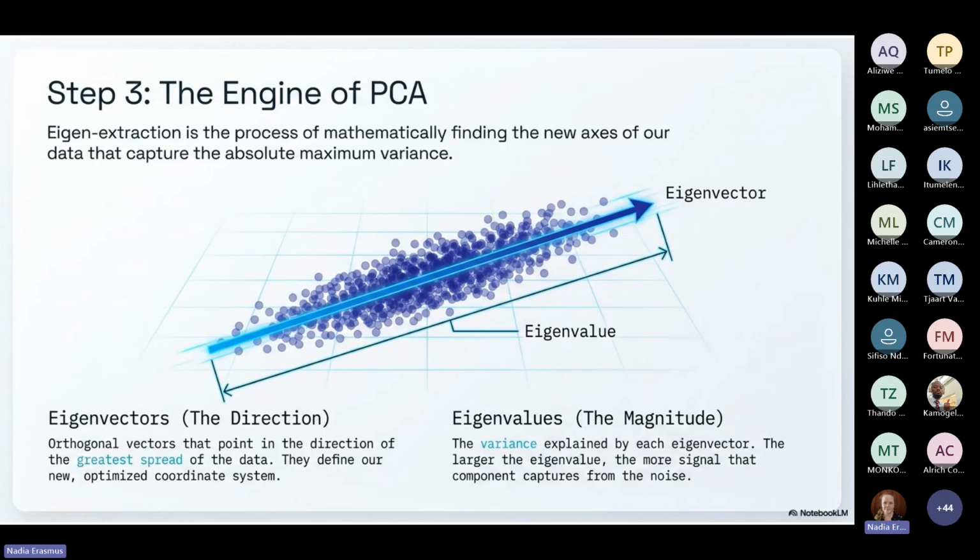because your eigenvectors give you the direction and the eigenvalues give you the magnitude, so what impact it has. So the direction is whether it's going to be a positive impact or negative impact, and the eigenvalue is going to give you the magnitude. So it's going to tell you, okay, this eigenvalue has a larger impact on the final model, and the eigenvalue that's correlated with that variable is going to be an important one.